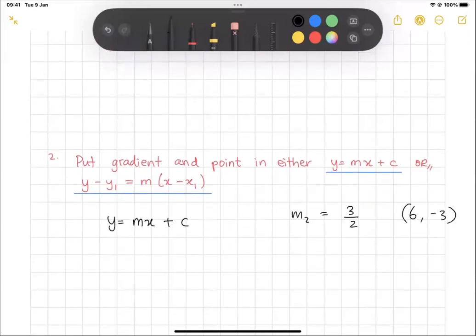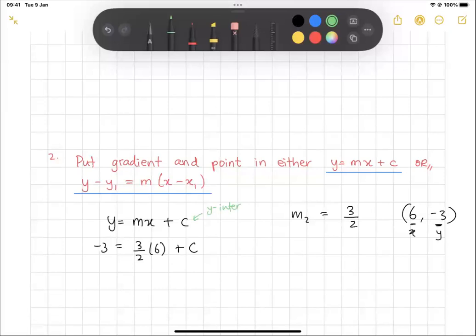So what I'm going to do now is substitute my gradient 3 over 2 and these points into the formula. My x is my 6, and my y is negative 3, so that then I can find my y-intercept.